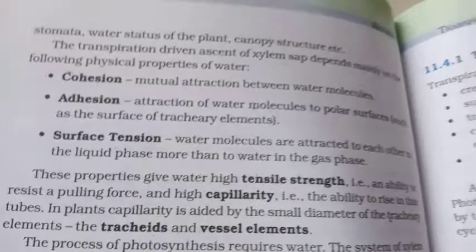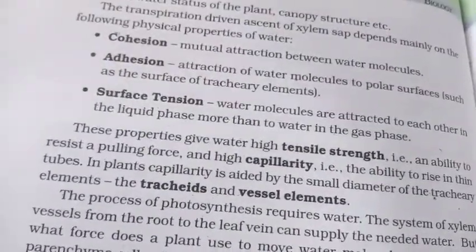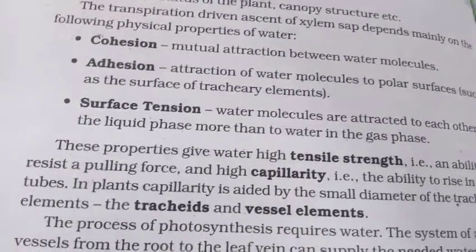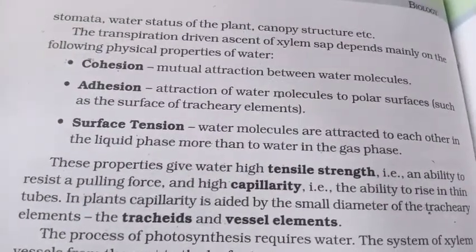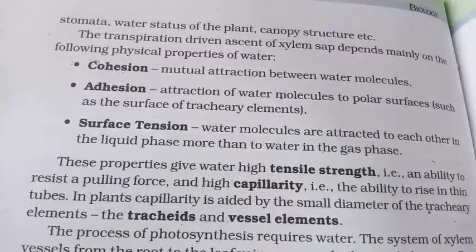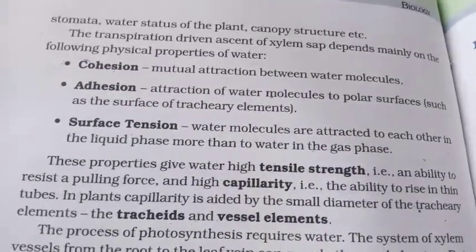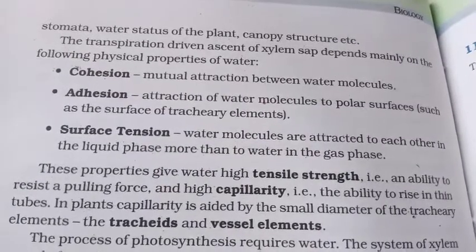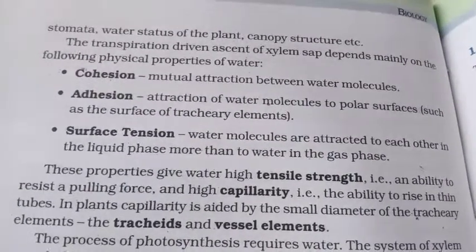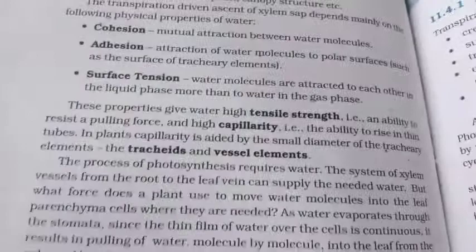These properties give water high tensile strength, that is an ability to resist a pulling force, and a high capillarity, that is the ability to rise in thin tubes. In plants, capillarity is aided by the small diameter of the tracheary elements, the tracheids and the vessel elements.